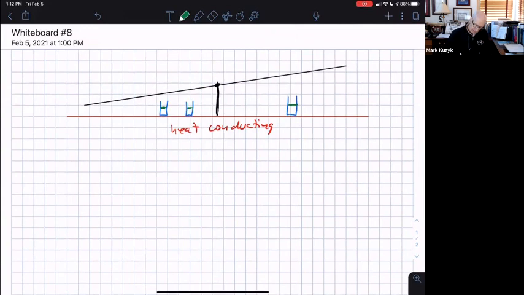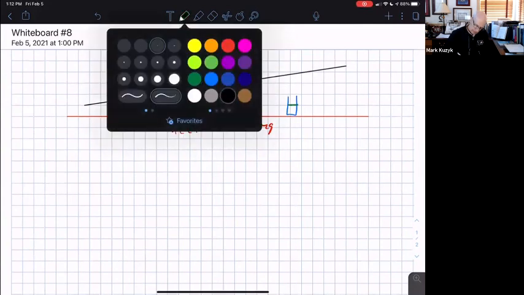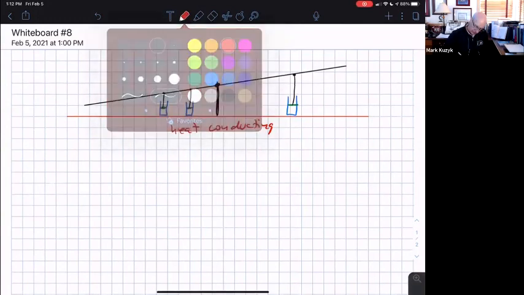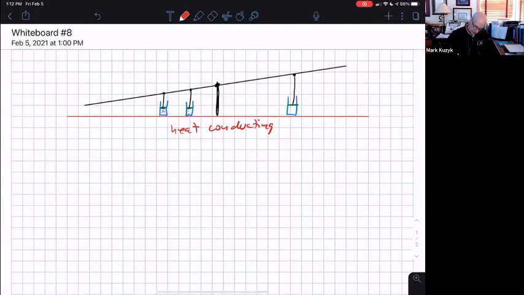And then there are rods that are connected to this rod, so these points can pivot. Okay, and each one of these is filled, let's say, with a gas. Okay, so you see the picture there.